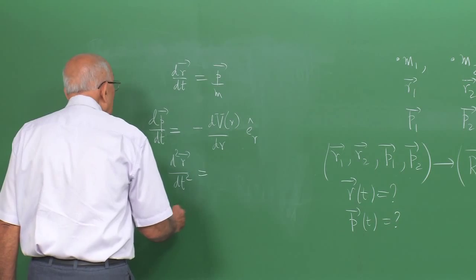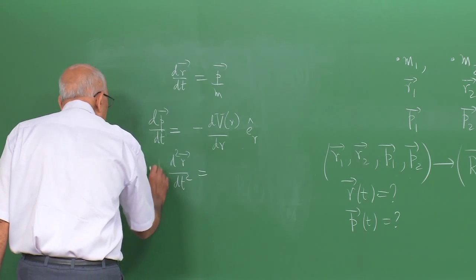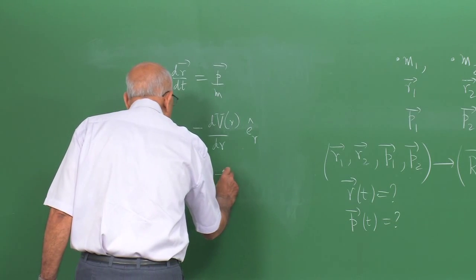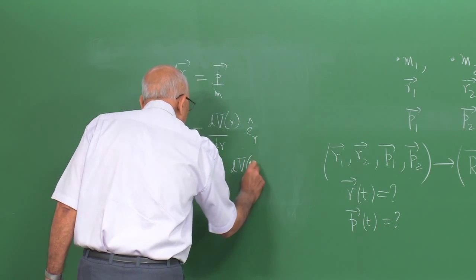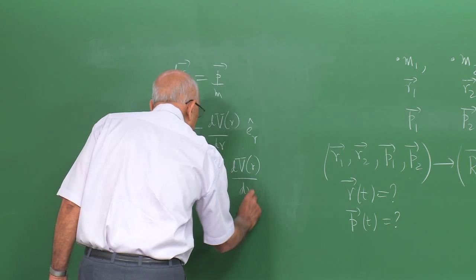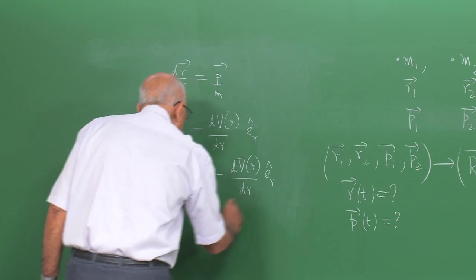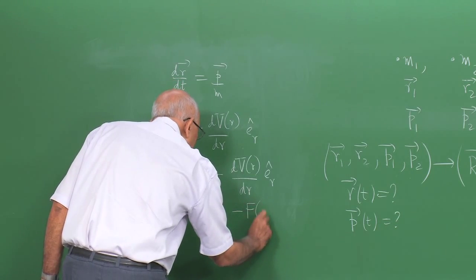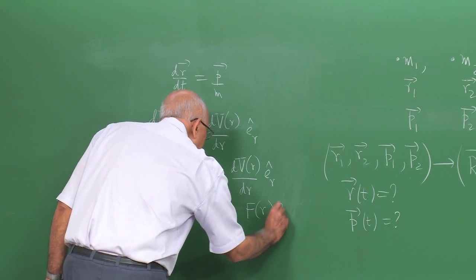Multiplied by m here, that's dp over dt. This is equal to minus dV of r over dr e sub r. And this is equal to some force here. So let's write this as f of r e sub r.